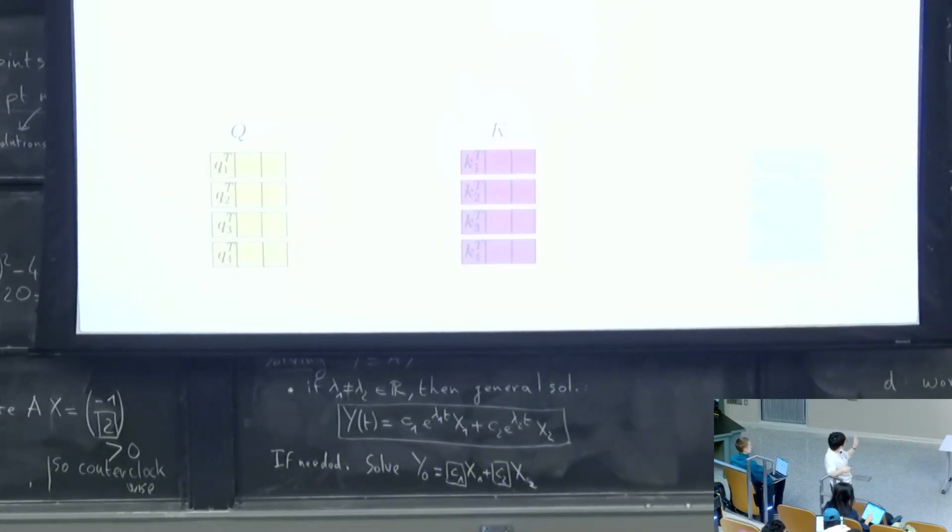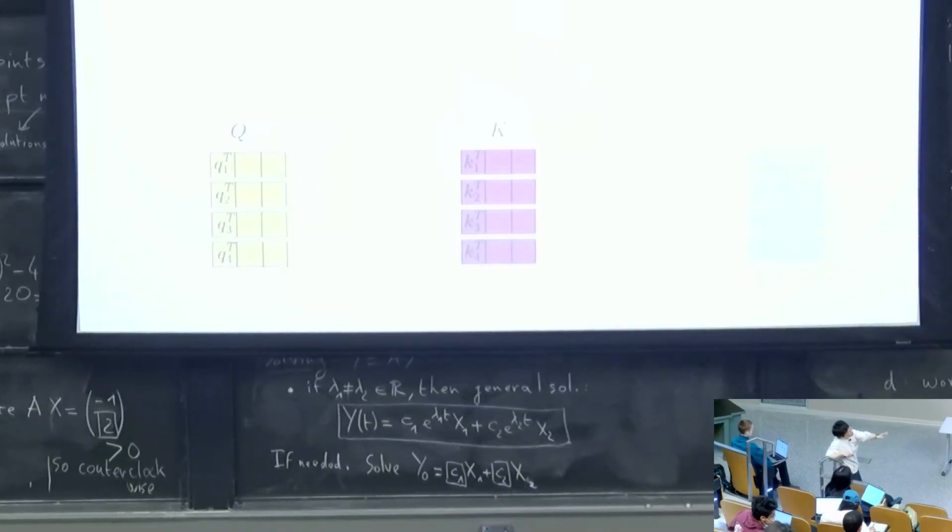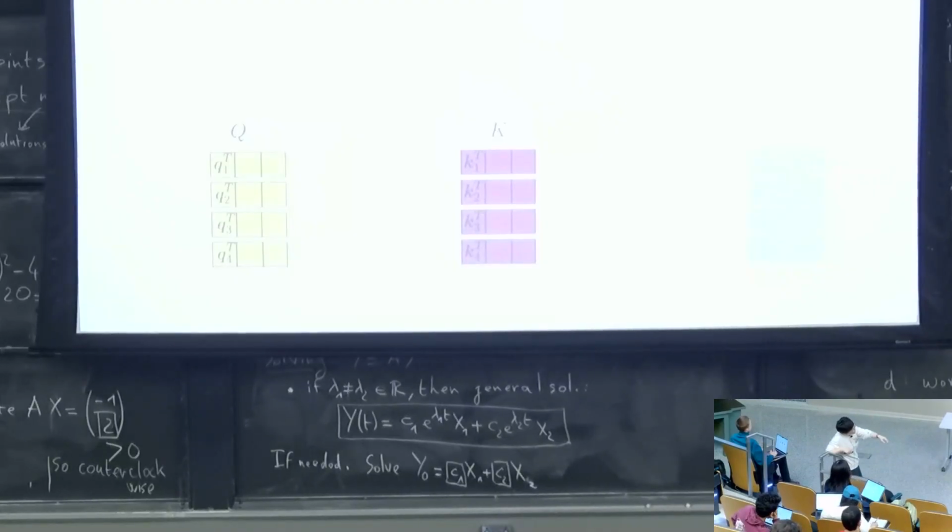So compare query i with key j, or kj. Since there are n queries, one for each input token, and n keys, one for each input token, we have n squared pairwise dot product similarities.